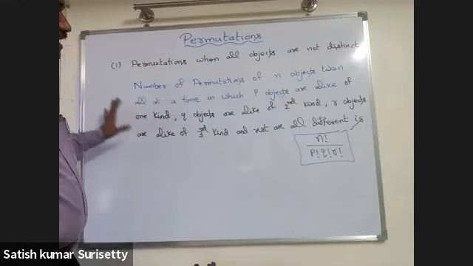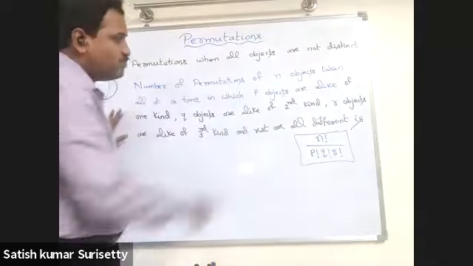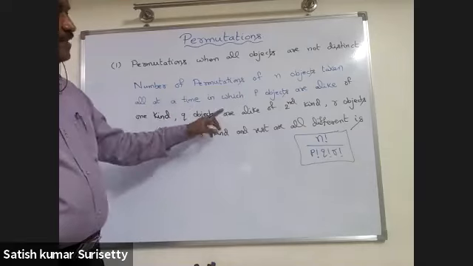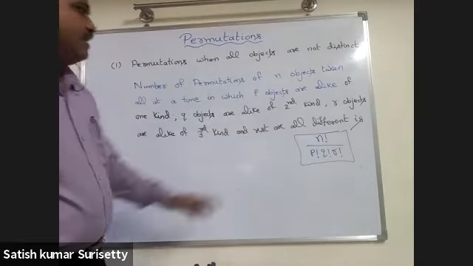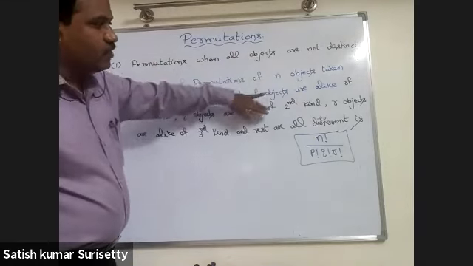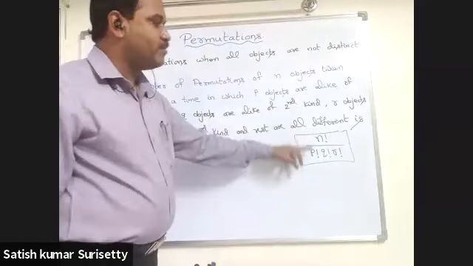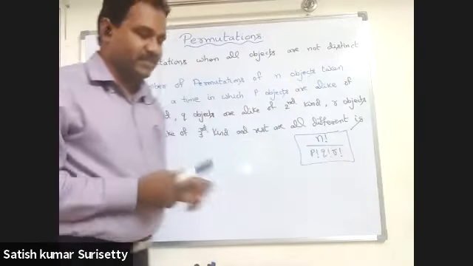That means we are arranging all at a time, but there are some repetitions. p objects are the same, q objects are also the same but different from the p objects, r objects are also the same but different from the p and q objects, and a few more are there which are all different.